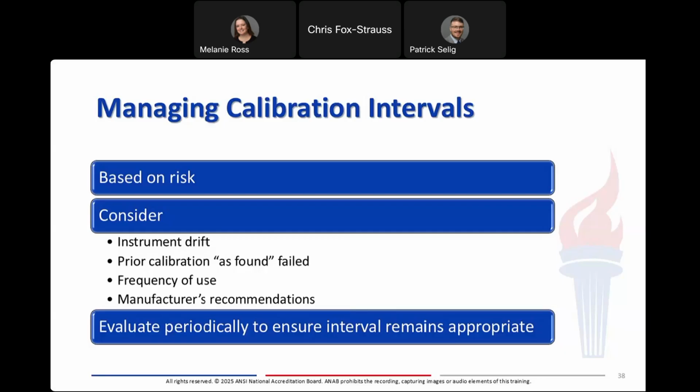The calibration intervals should be evaluated periodically to ensure that they remain appropriate. This slide would apply to all equipment in the laboratory requiring calibration, whether that calibration is in-house or outsourced.